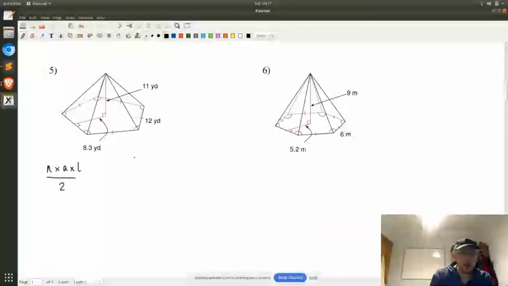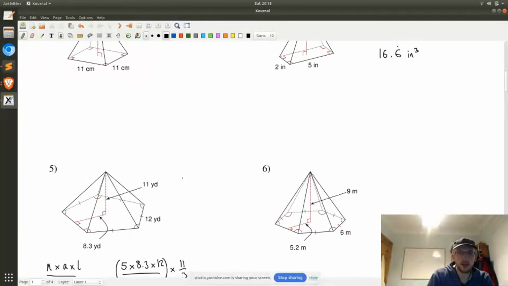And then, okay, so that means 5 times 8.3 times the 12, and then all of that has to be divided by 2 to get the area of the pentagon base. And then you have to times that by 11 and then divide that by 3. So you're not even done yet.